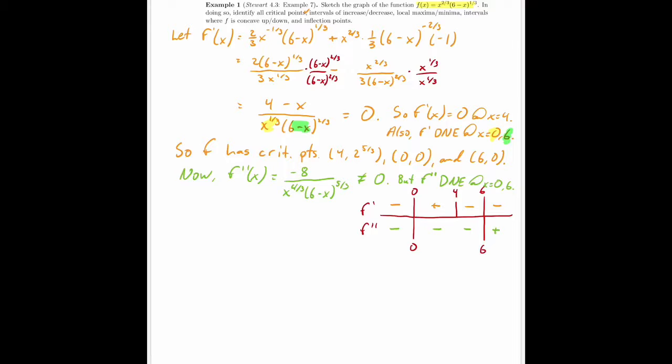So now that we have this, I want to write my summary right on the left side here.